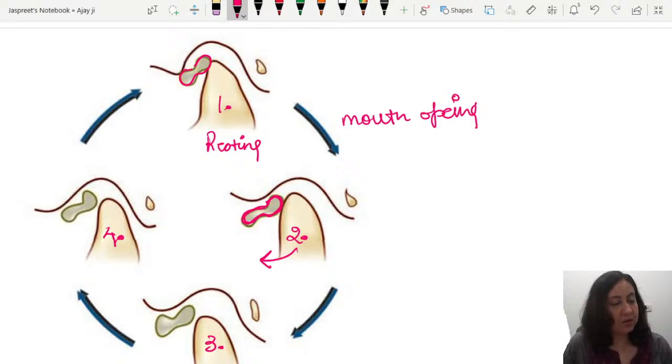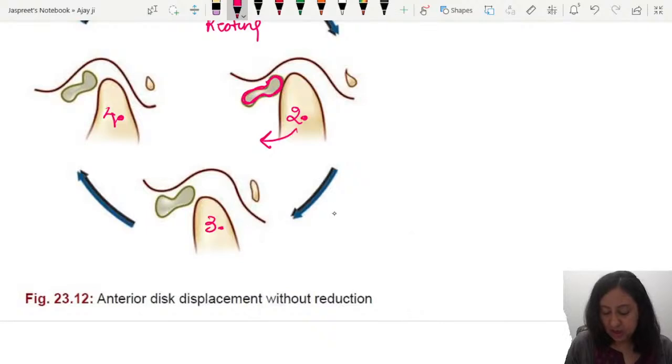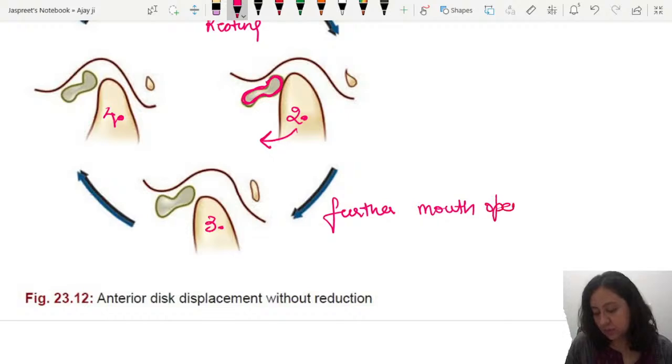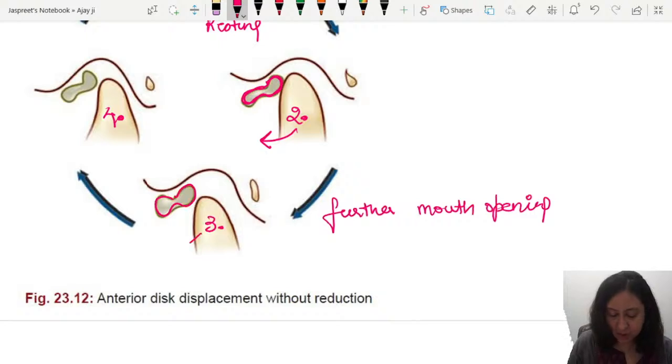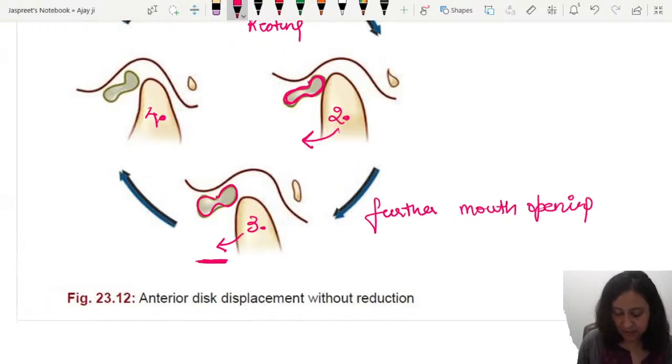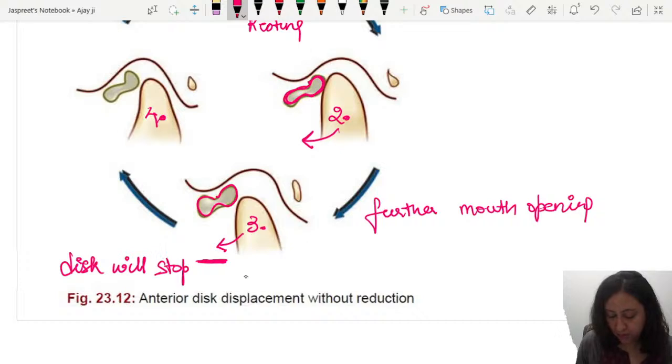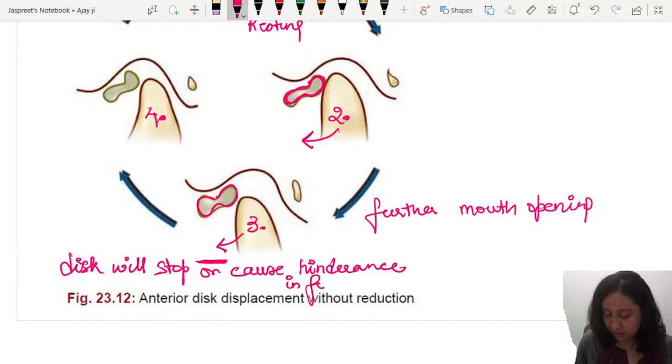There is further mouth opening, the disc is still in the same position but the condyle is moving. The condyle will move here, and at this particular point the disc will stop or cause hindrance in further mouth opening.